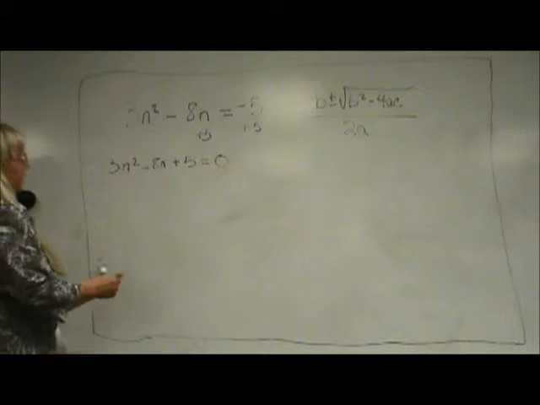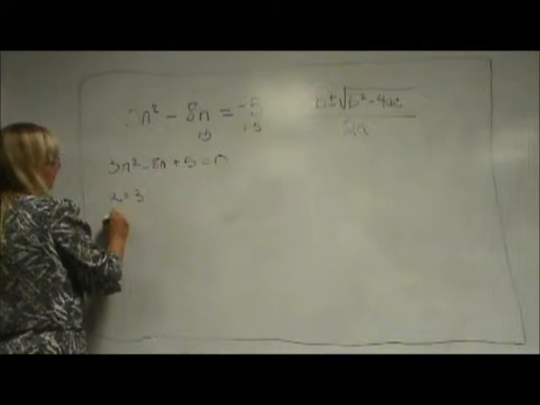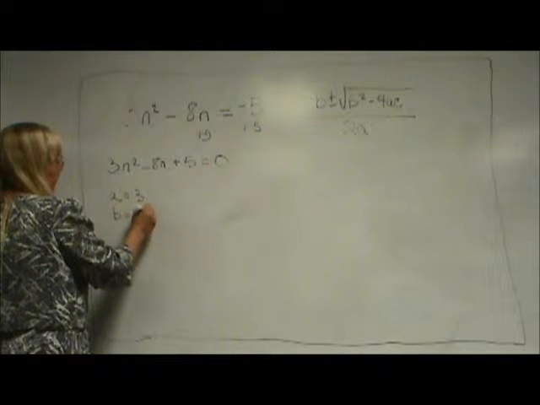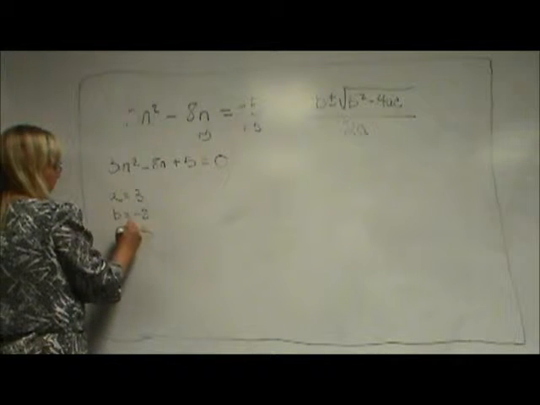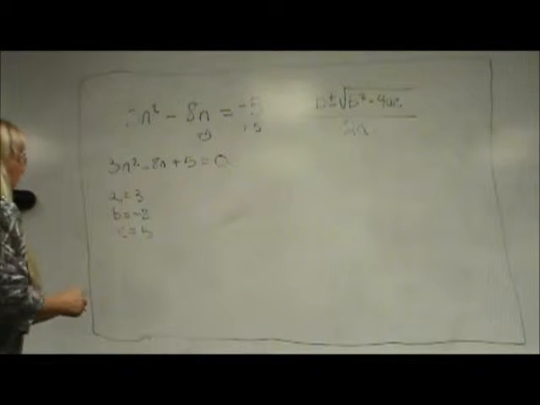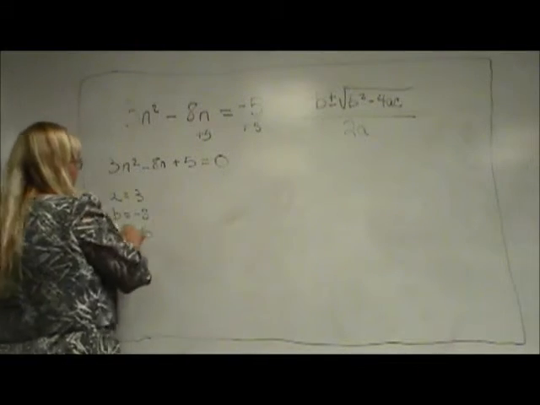Now I can identify a is equal to 3, b is equal to negative 8, always watch your signs, and c is equal to 5. Now that I have a, b, and c, the rest of the process is fairly simple.